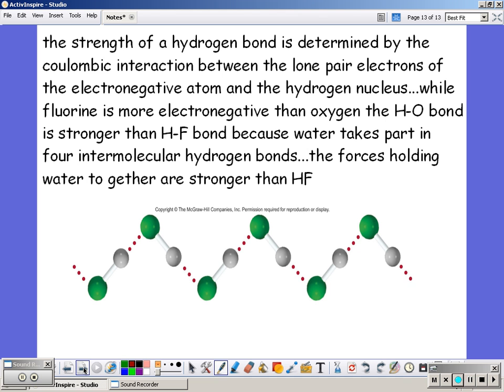Water has a stronger force than HF because HF only forms one bond, whereas if we think about that picture of water, water actually has the ability to form two, and then its hydrogens could form another two hydrogen bonds. So it's a much stronger force of attraction there.